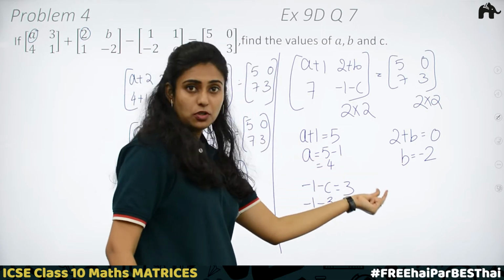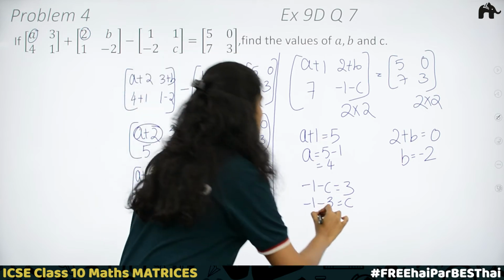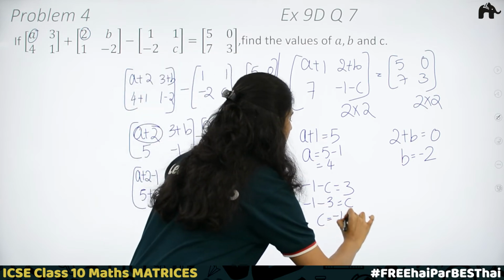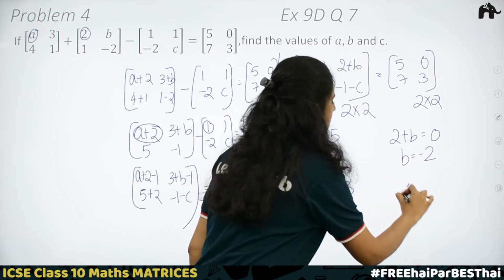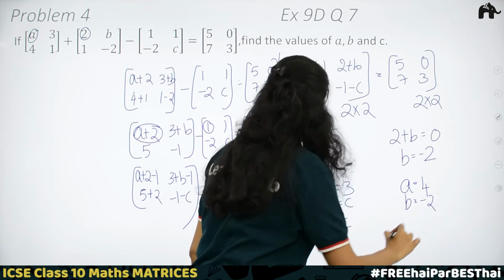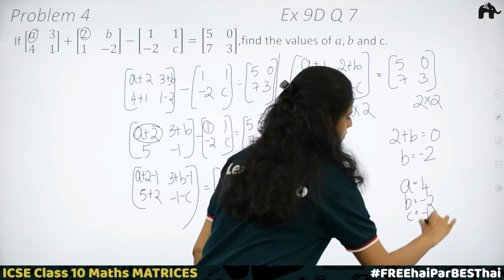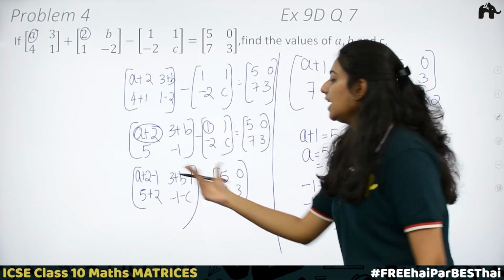Minus C taken to the opposite side, we get C, which means C is equal to minus 4. Minus 1 minus 3 is minus 4. The values are A is equal to 4, B is equal to minus 2 and C is equal to minus 4. Clear? Understood how we determined A, B and C?